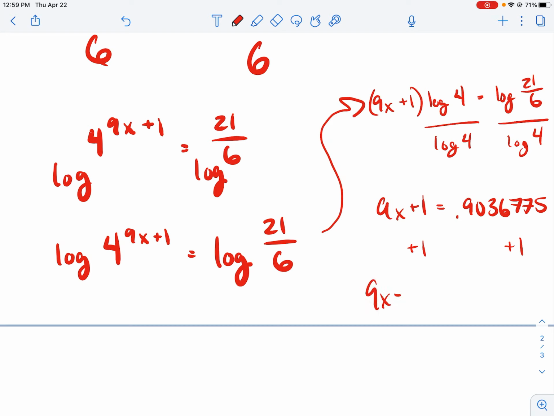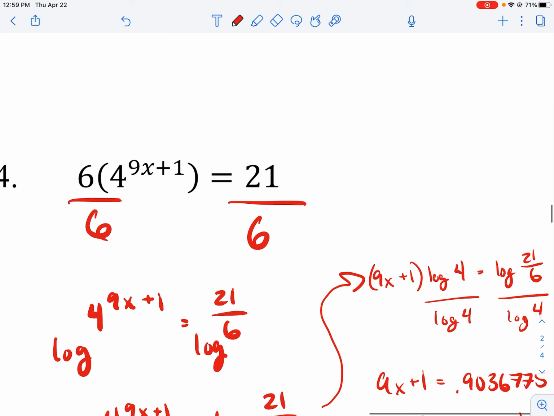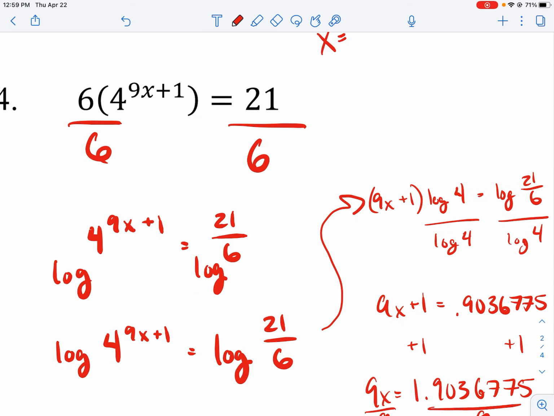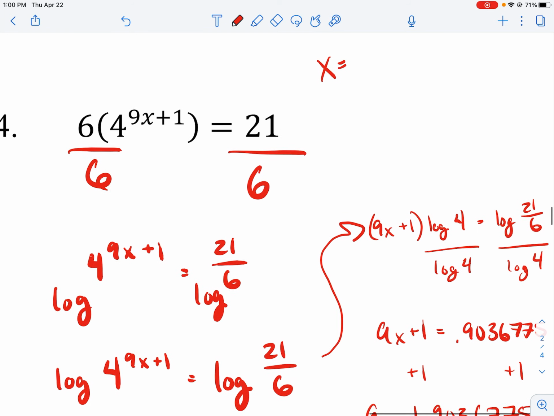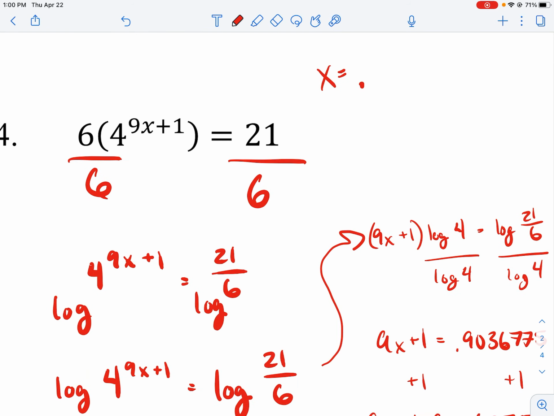So we get 9x is equal to 1.9036775. Divide by 9. And eventually, x is equal to 0.21152.